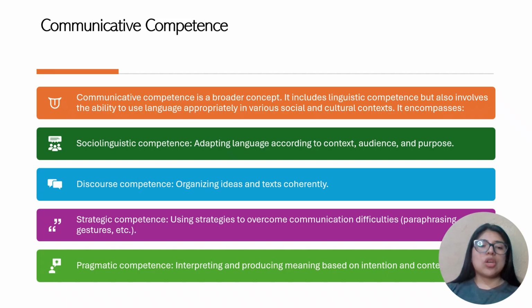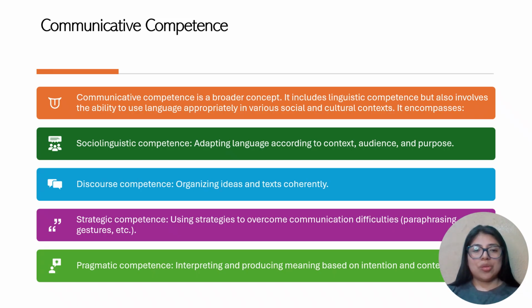The next is communicative competence. This means not just knowing the language, but knowing how to use it effectively in real-life situations.